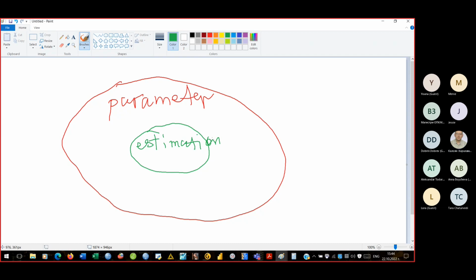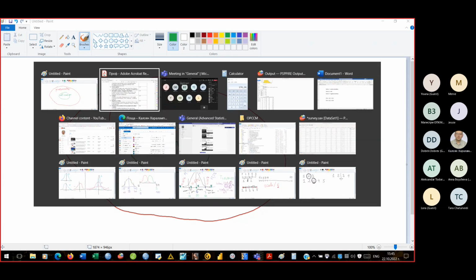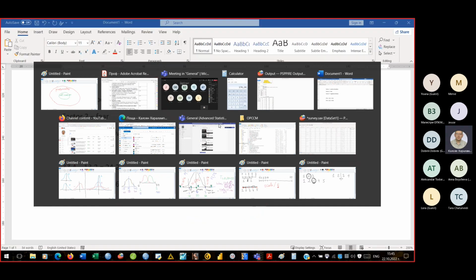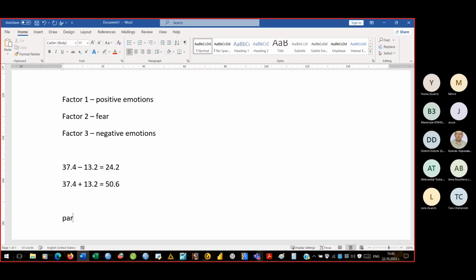But estimation is close to the parameter, but estimation is not exactly the same, is not exactly equal to the parameter. And the difference between parameter and estimation is called error.